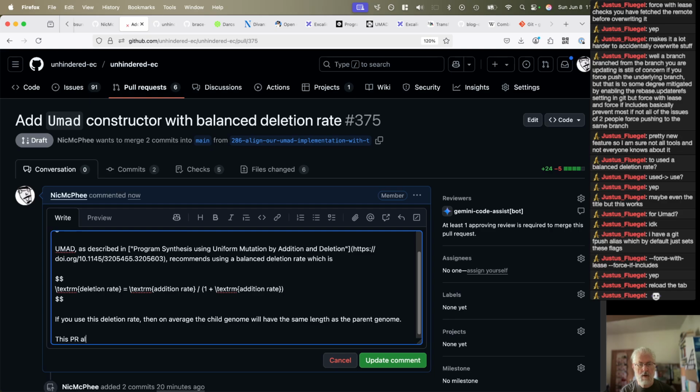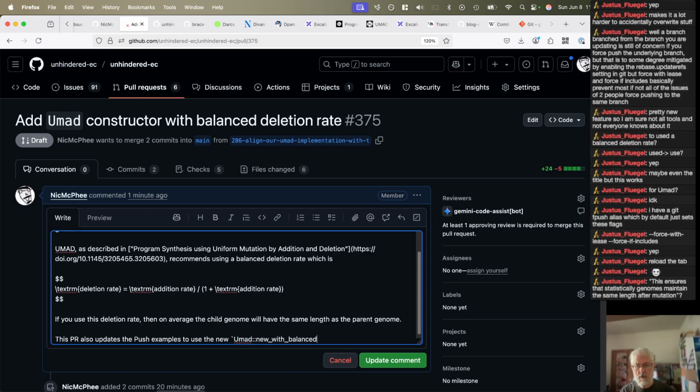This PR also updates the push examples to use the new UMAD, new with balanced deletion constructor. Ooh, I like that.